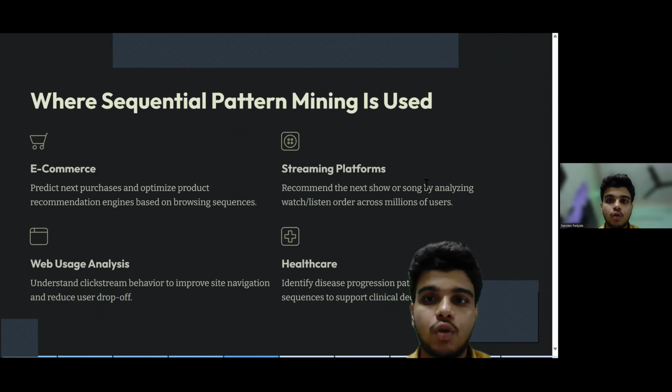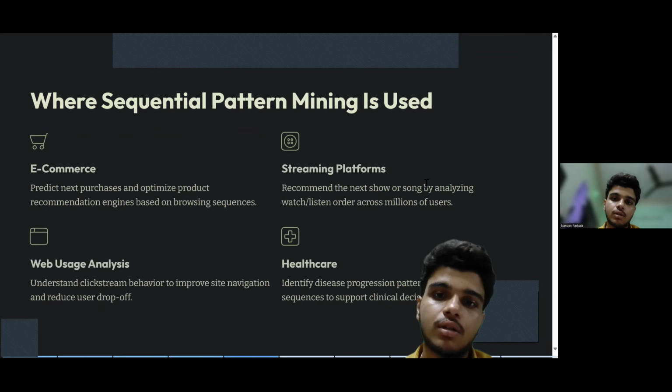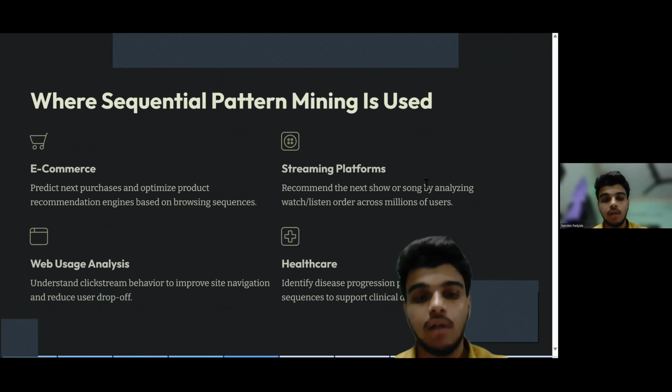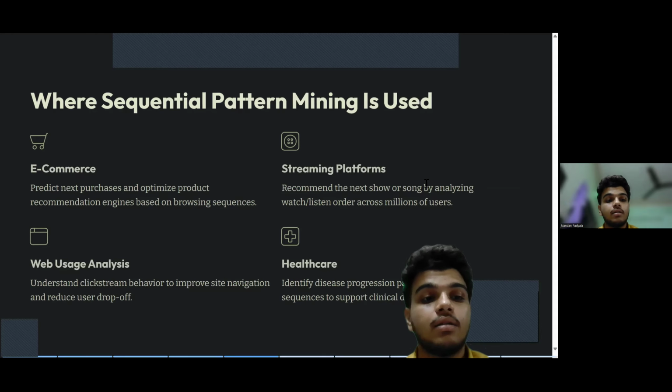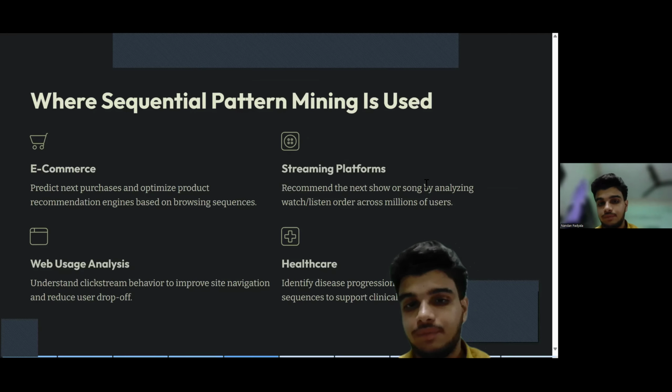It recommends the next show or song by analyzing the watch order across millions of users. And in web usage mining, it analyzes how users navigate through websites, and understands clickstream behavior to improve site navigation and reduce user drop off.